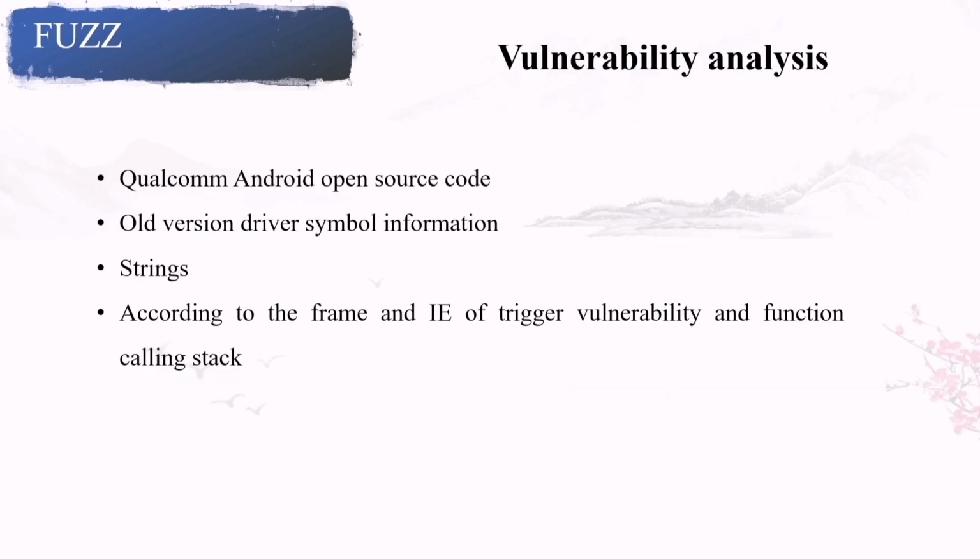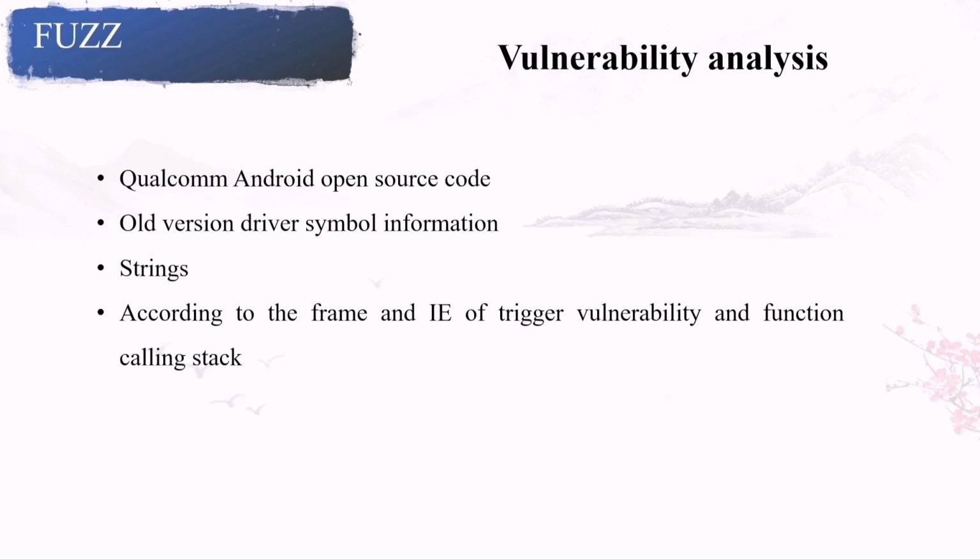If we find a crash and the POC is completed, it is necessary to analyze the cause of the vulnerability through reversing the binary file. In most cases, we don't have the driver source code and can only analyze the vulnerability by reversing the binary file. Generally speaking, the latest driver does not have symbol information.